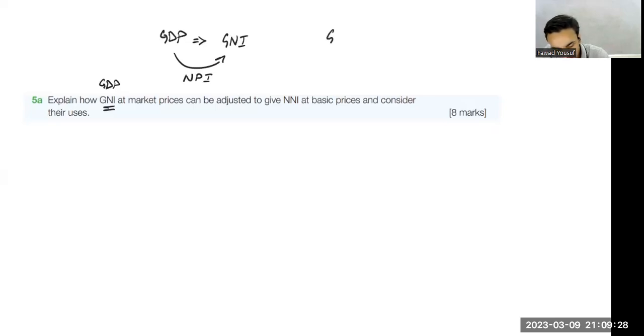Let me give you the formula first, which if it comes up in MCQs you should be able to calculate. Gross national income is you take the GDP, which you calculate through the three methods, output, income or expenditure, usually the C + I + G + X - M method, and then you add the net property income from abroad. It's already netted.